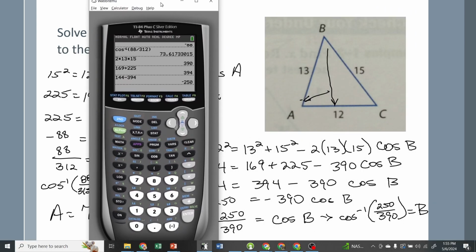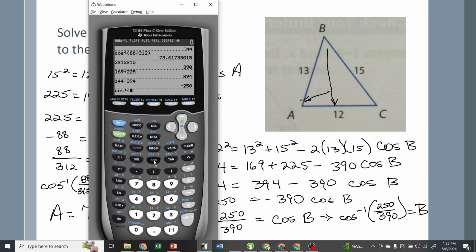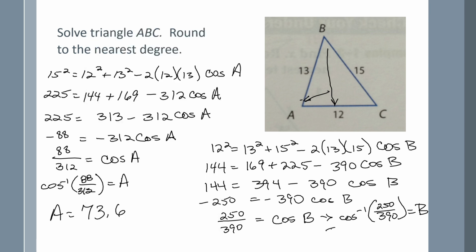All right? So second cosine 250 divided by 390, I end up with 50.1. So B equals 50.1.